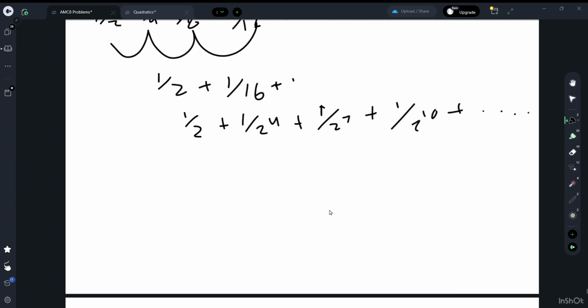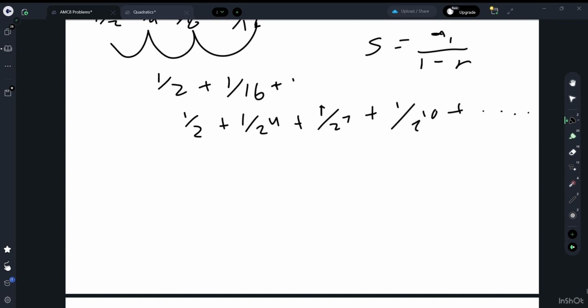Well, let's see. One thing we can notice here is this is an infinite geometric series. What does that mean? Well, this means the sum just goes on to infinity. Well, if you remember, the formula for finding an infinite geometric series is the sum is equal to the first term over 1 minus the common ratio.